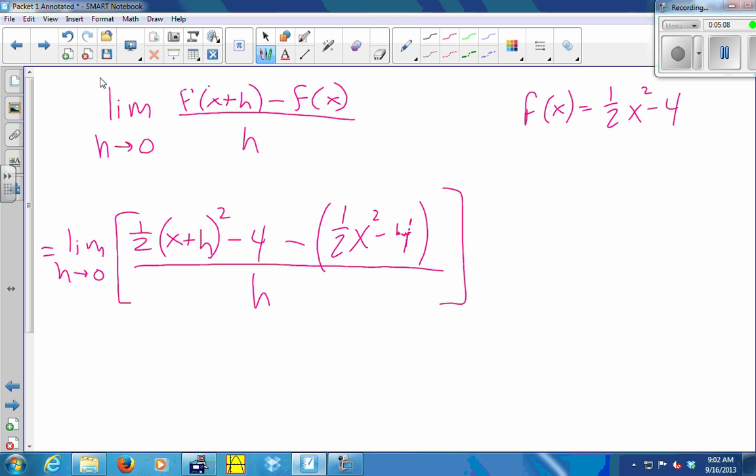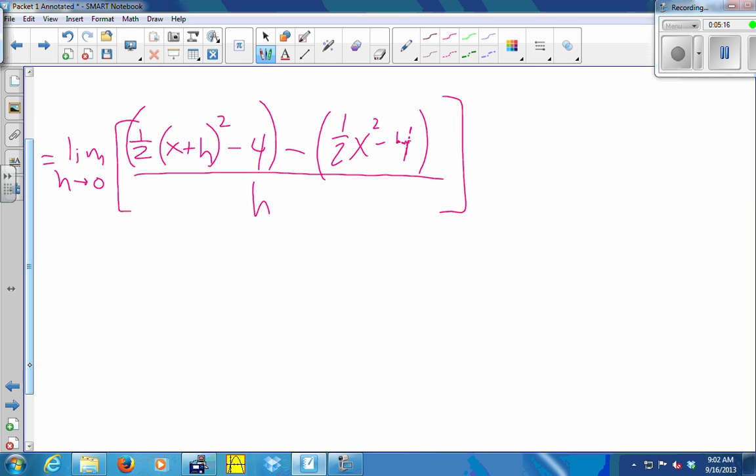You could also put parentheses around the f of x plus h. Just doesn't make any difference calculation-wise. Okay, so this is the limit as h approaches 0 of, now I'm going to simplify the stuff in the difference quotient. (x plus h) squared, that's x squared plus 2xh plus h squared.